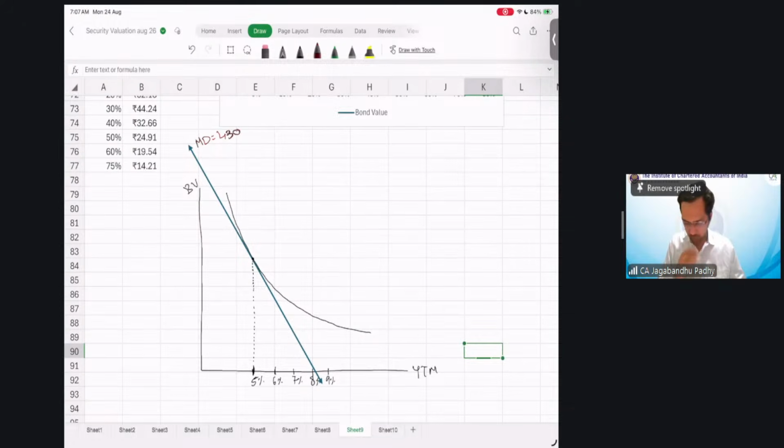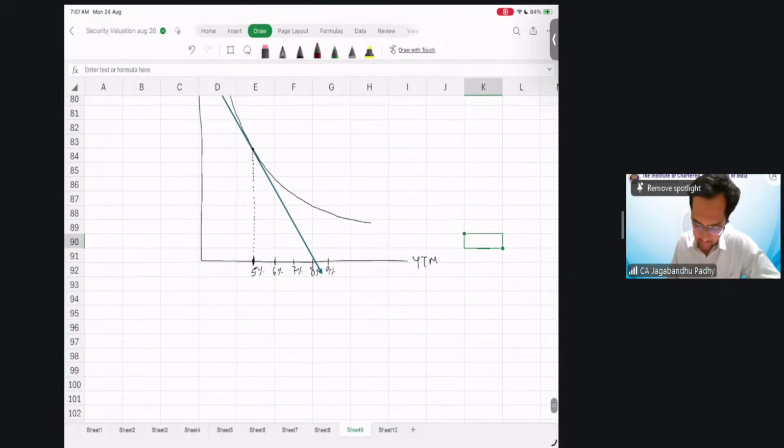What we observe is, as we change the YTM from 5 to 6%, the new bond value as per modified duration is this. But your actual bond value is over here.